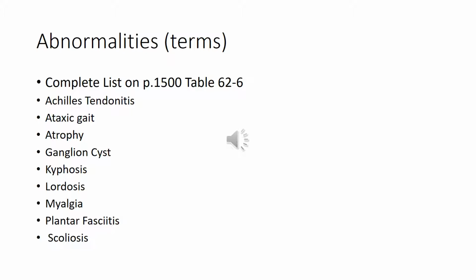Another one is kyphosis. And that's just an exaggerated thoracic curvature. Some possible causes of this are poor posture, tuberculosis, some types of arthritis, osteoporosis, and some growth disturbances. The next one is lordosis, and that's asymmetric scapula.